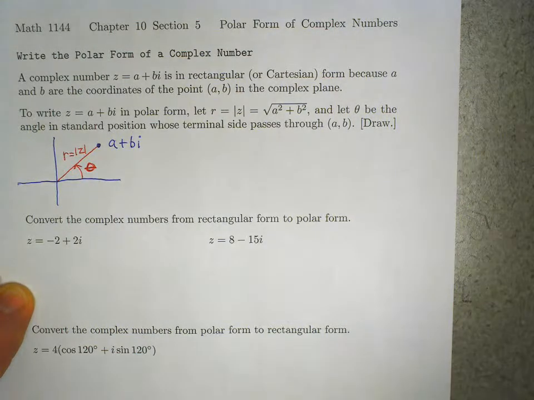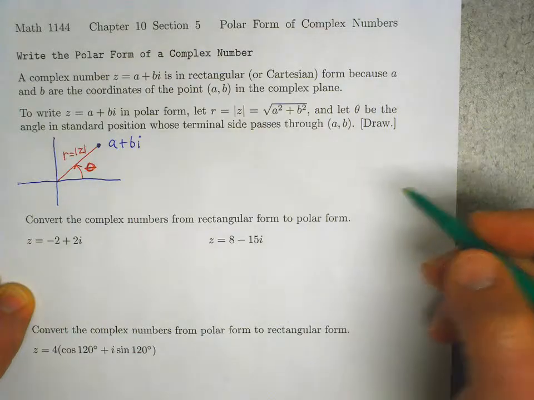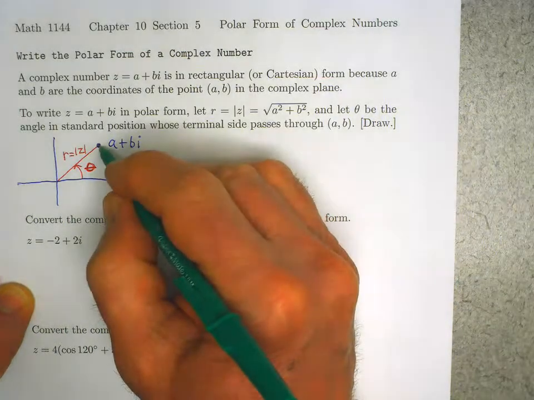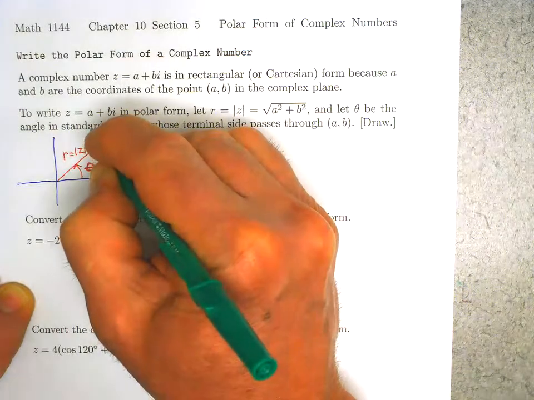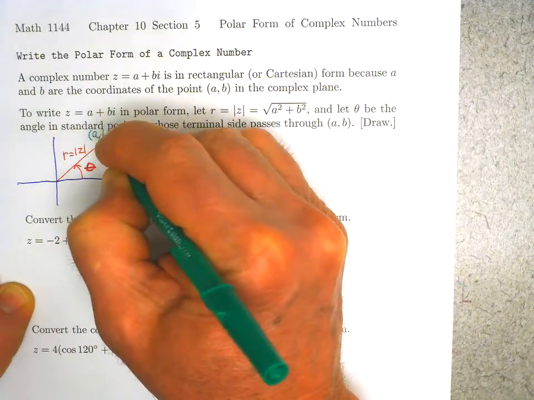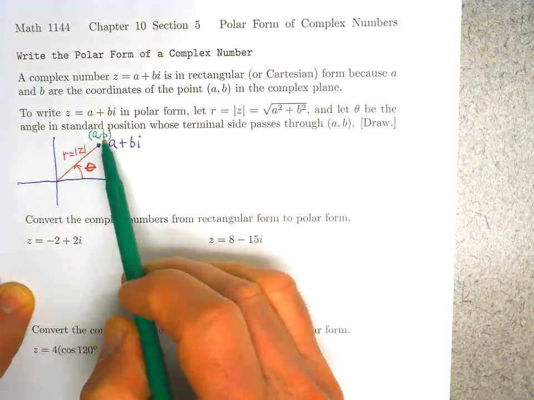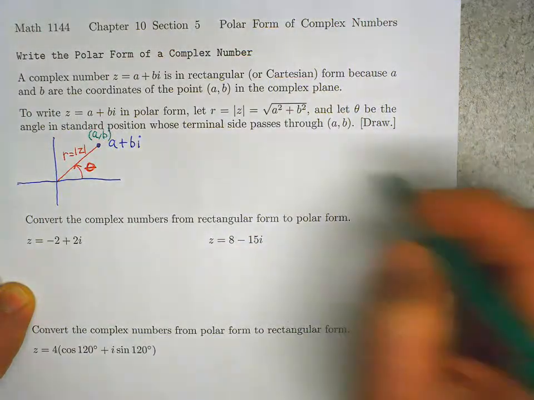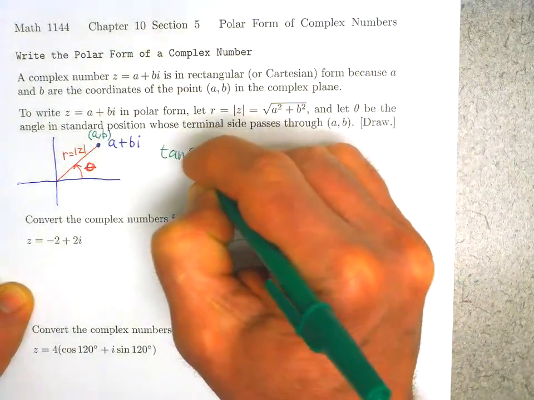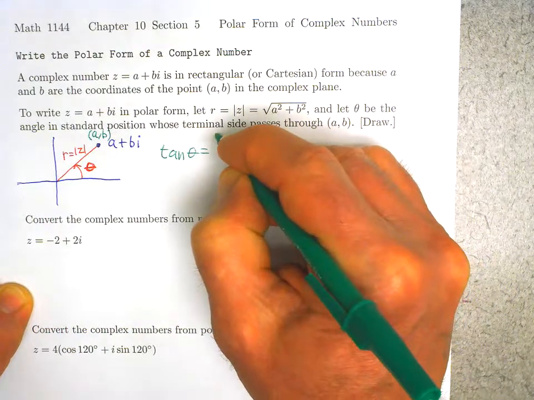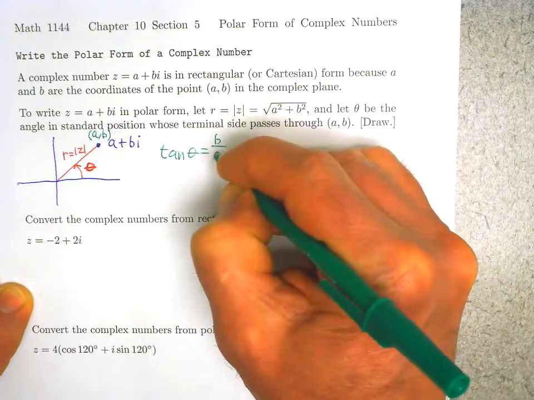And what else? Well, as an ordered pair, this point is a, b. The real part is a and the imaginary part is b. So tangent of theta is equal to b divided by a.